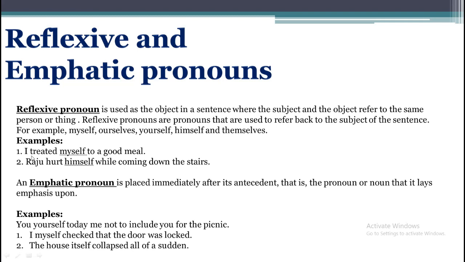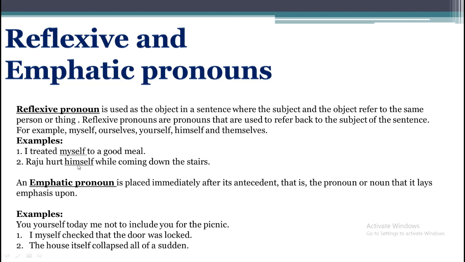Just see, I treated myself to a good meal. I is the subject, whom did I treat? Myself. So the object is also referring to me only. When the subject and the object refer to the same person or the same thing, then this word is said to be a reflexive pronoun. Let's see the second example.